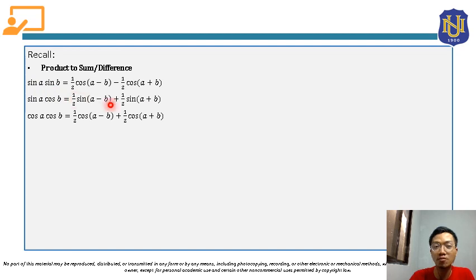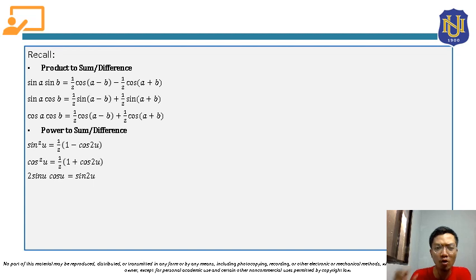Let's say the Laplace transform of sine A and sine B, we cannot apply linearity for that. But we can apply linearity if we are going to convert this sine A sine B into its equivalent sum or difference, which is this one.